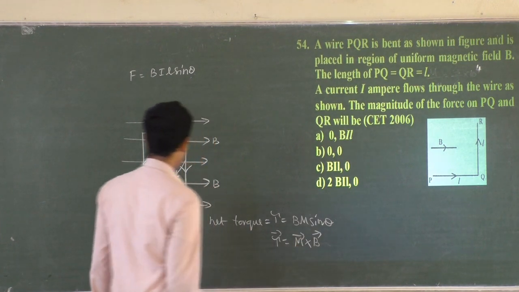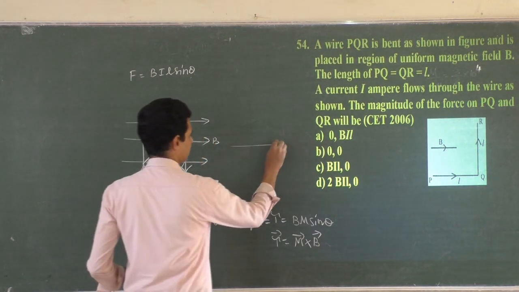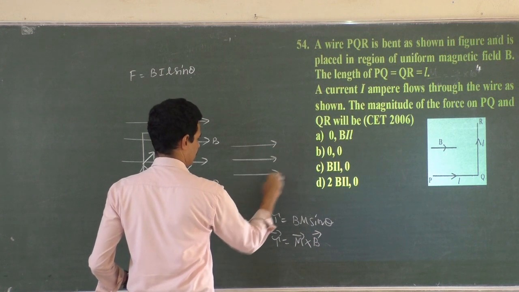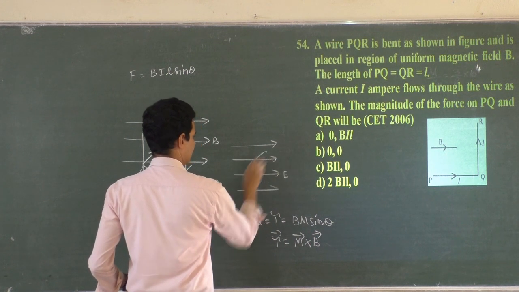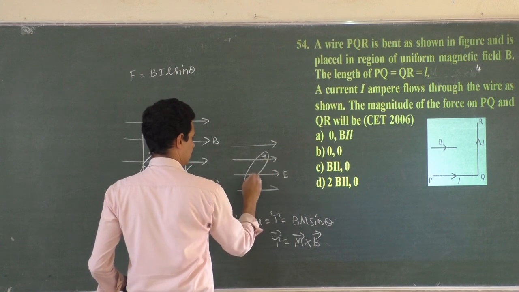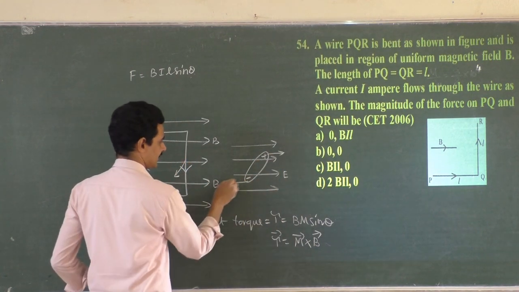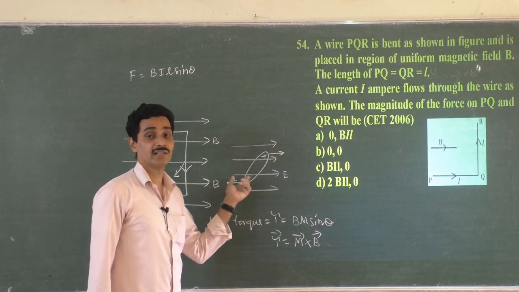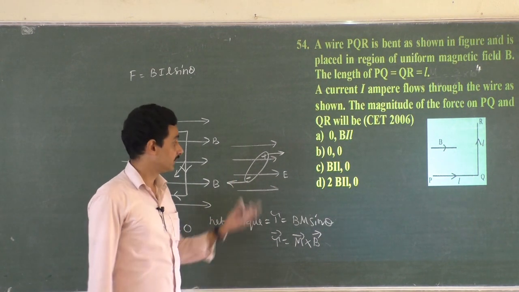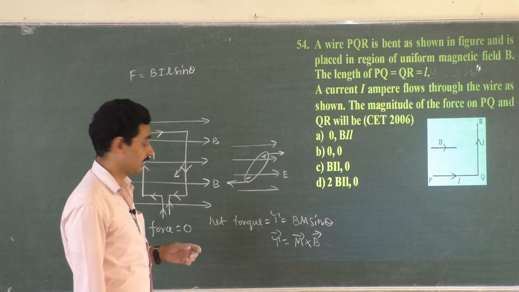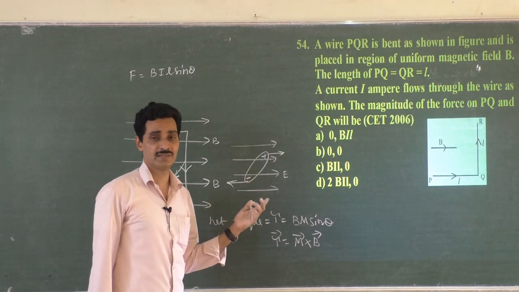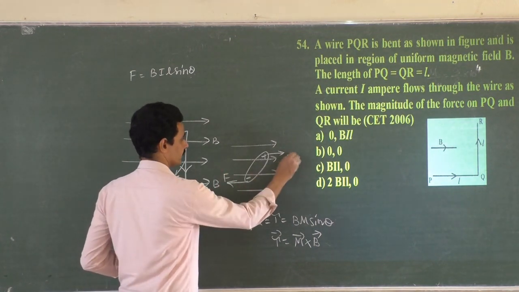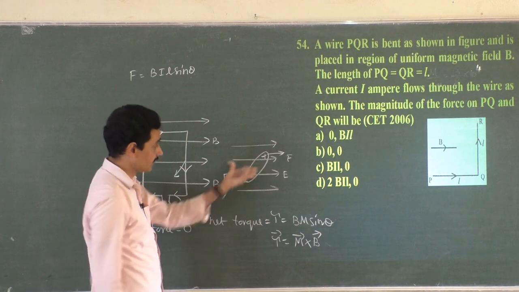Do you know, when a dipole is placed in an electric field, the same type of formula applies. Suppose you have an electric field like this. When a dipole is placed in an electric field, this end experiences a force like this, and that end like this, and if it is a uniform electric field, the net force on the dipole is 0, because these are equal and opposite forces, but it experiences a net torque.